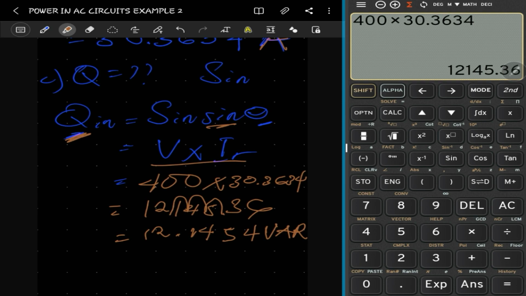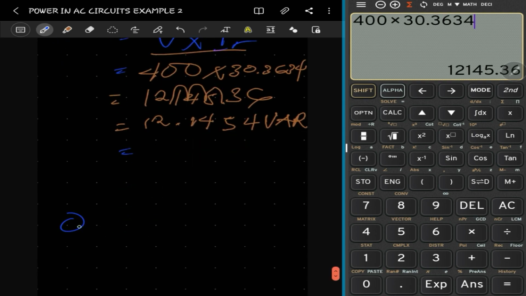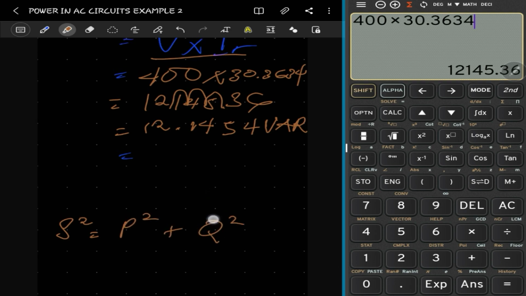Because we don't have this theta directly, we can't use it directly, right? But we know that this Q is also the same as, let's write the equation now. We have S squared is equal to P squared plus Q squared. That's for the RMS values, right?